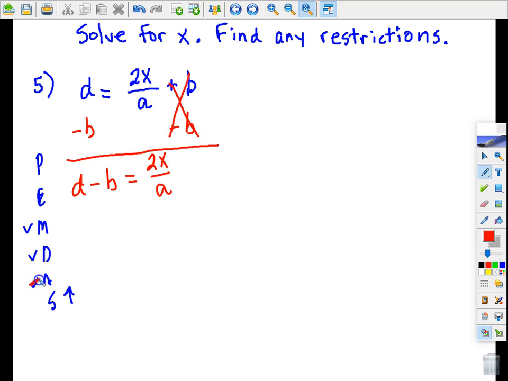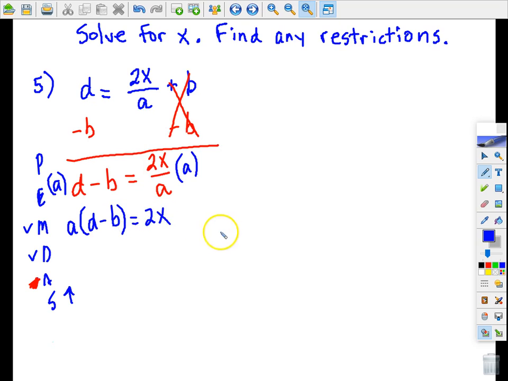Okay, takes care of that. Now let's undo division. How do I undo dividing by a? Well, the inverse of dividing by a is multiplying by a. All right, and remember, a is being multiplied by this entire side. So I'm okay if you want to leave it as this without doing the distributive property.